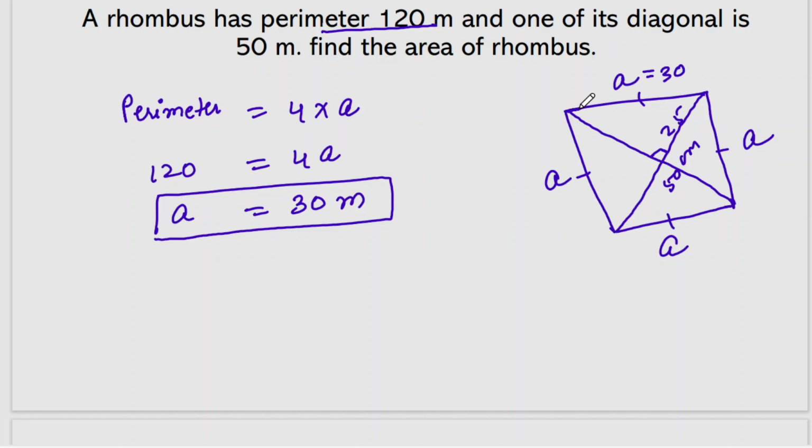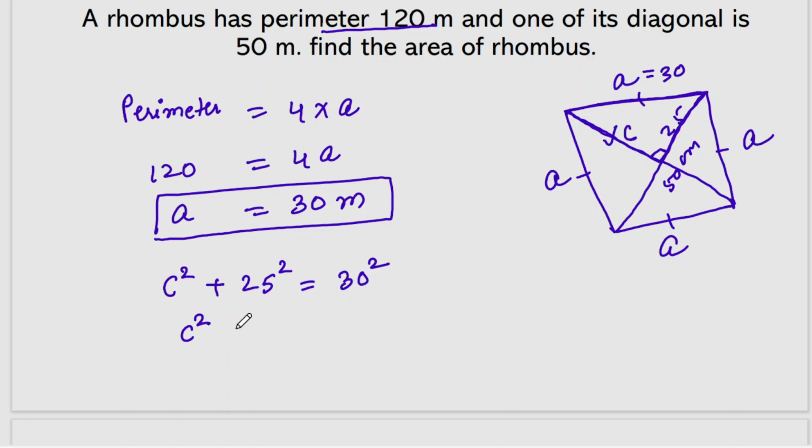So if you look at this triangle, this is a right angle triangle. And from here, we can easily find the length of this side. Let us assume it as C. So we can say C square plus 25 square equal to A square, that is 30 square.